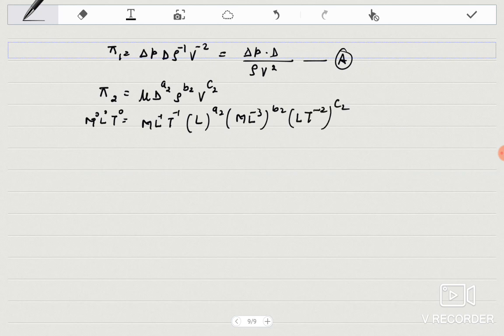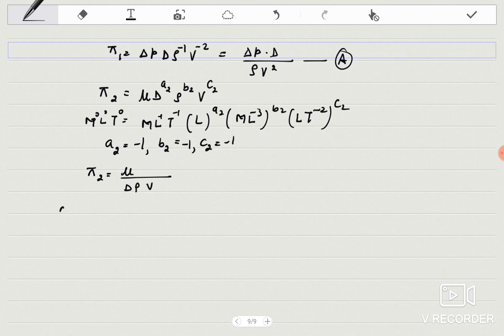These are the dimensions of D, rho and V. Again compare the two sides and get the values of A2, B2, C2. And you will get A2 will be minus 1, B2 will be minus 1 and C2 will be minus 1. In this way your pi 2 becomes mu upon D rho V.